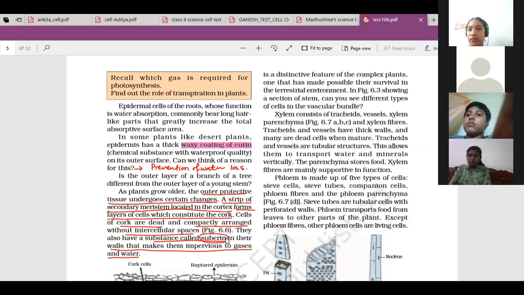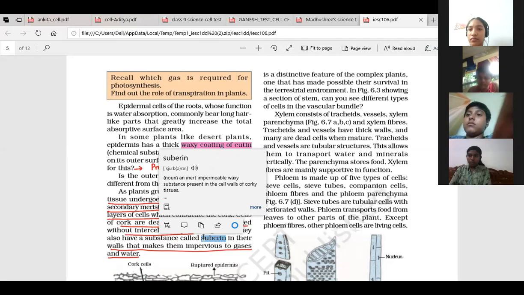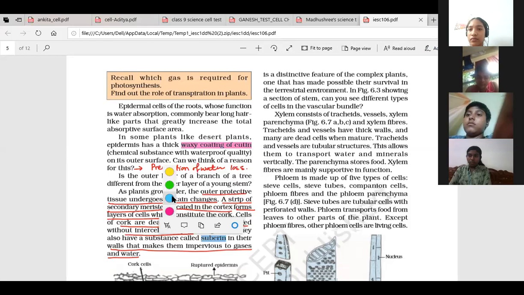So remember the suberin and cutin coatings: epidermis has a waxy coating called cutin, and the cork cell has a coating called suberin.